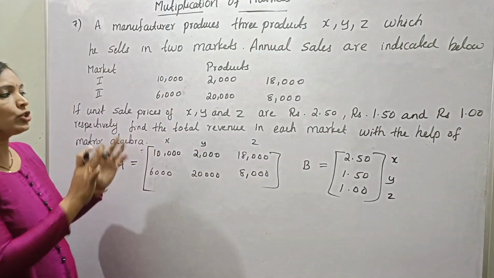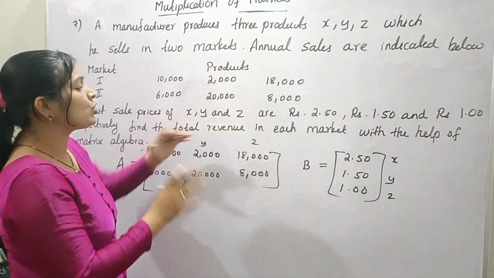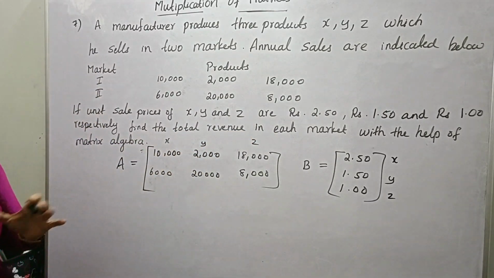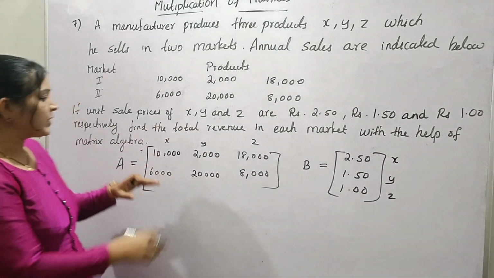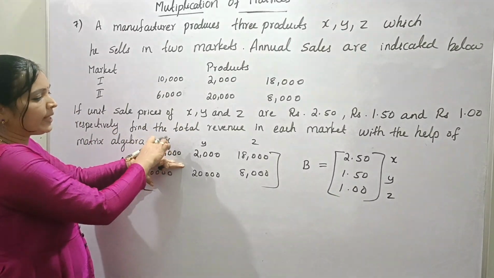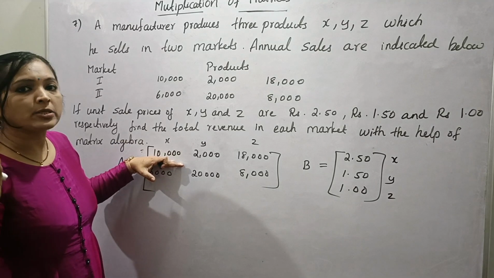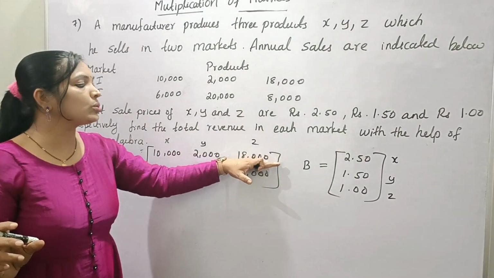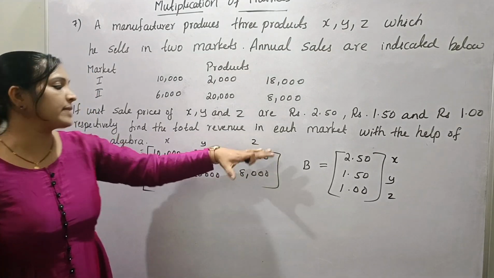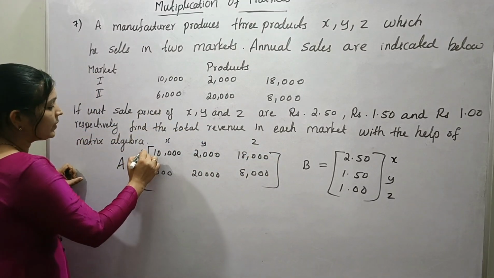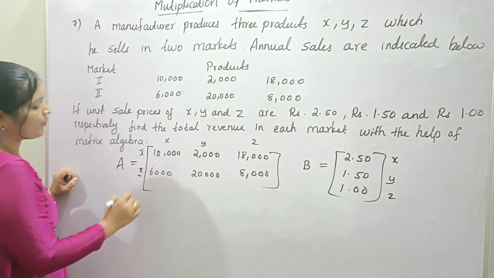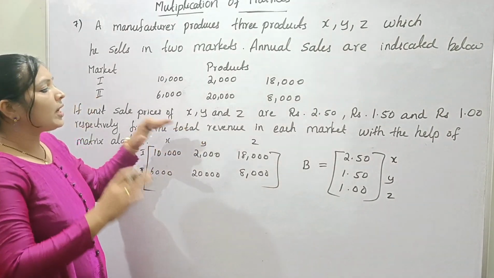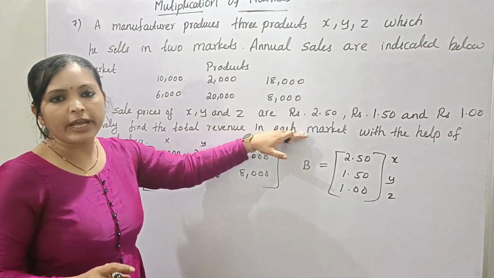First we will find the total revenue. We have to find the total revenue in each market, right? So first we will find the total revenue in market 1. There are a total of 10,000 X products, 2,000 Y products and 18,000 Z products sold in market 1. So let us first find the total revenue in market 1.